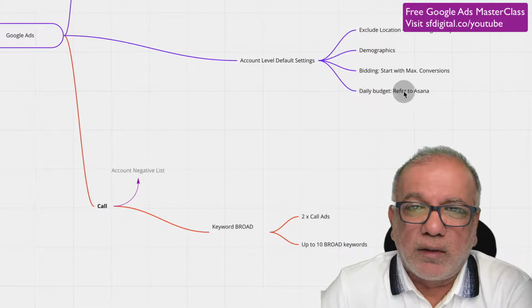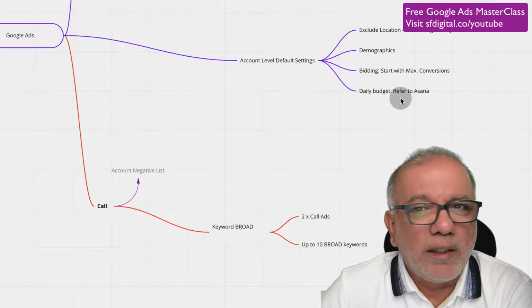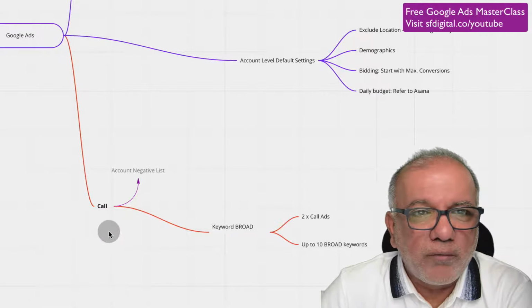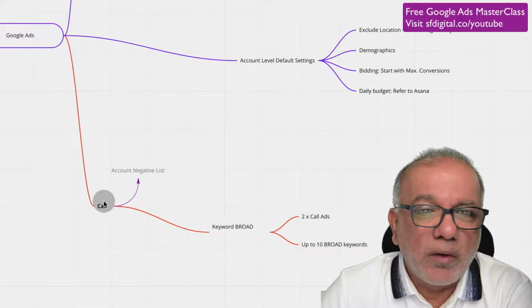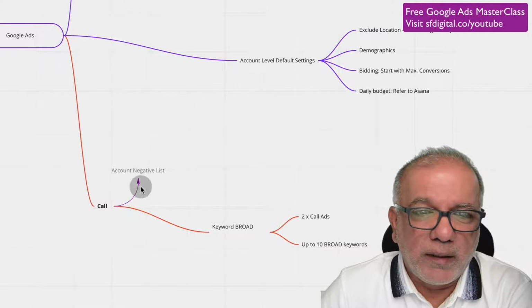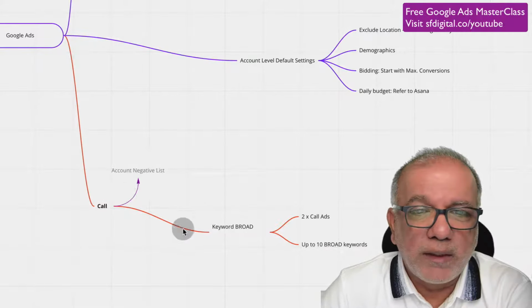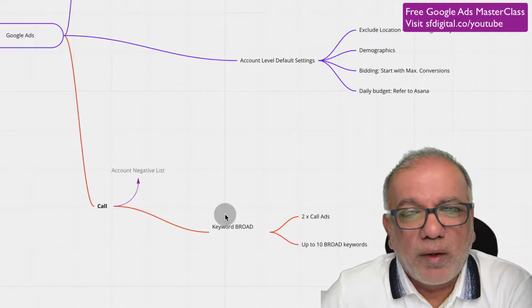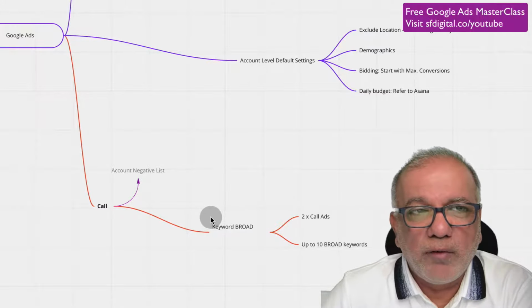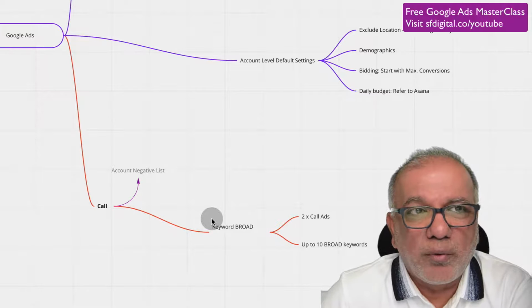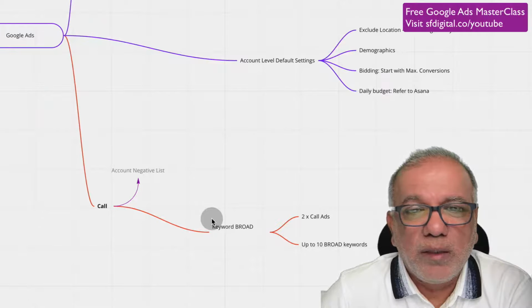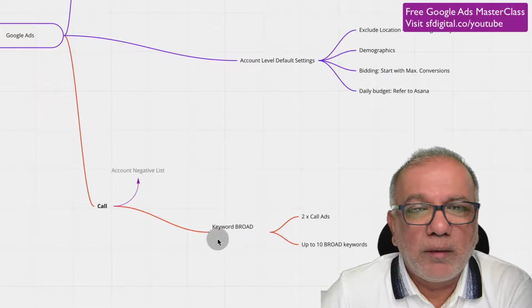Now we have referred to Asana because this is for our internal workflow. Going back from the search campaign, you can also have a call only ad campaign, where again it is linked to the account level negative list. With call ads, because they are quite expensive clicks compared to the text ads, what we have found is that if you can control the broad keyword with a good set of negative keywords, then you can go after the broad keyword.